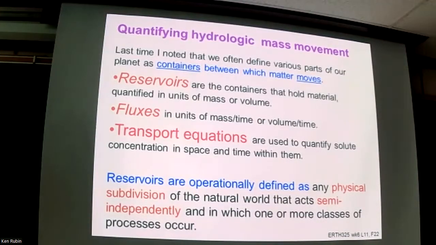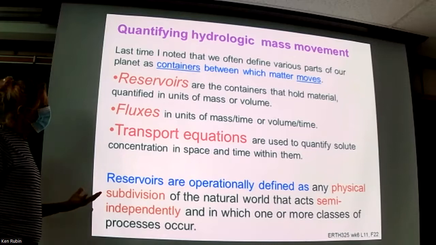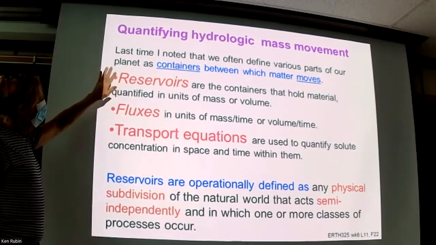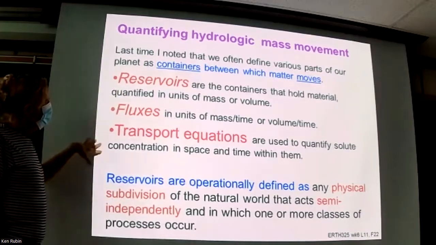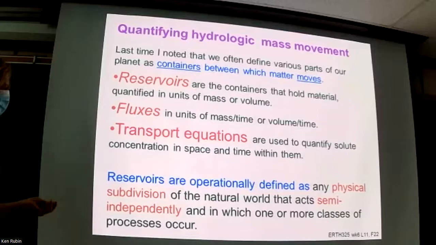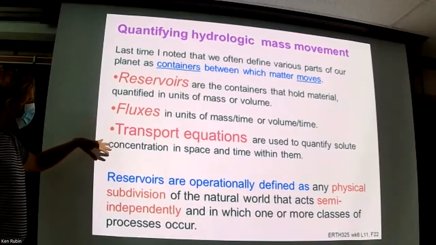So when we talk about motions and sizes and transfers of chemicals, we use the term reservoirs, which we've talked about before, and fluxes, and there's something called transport equations, which we'll get to a little later in the semester, which allow us to quantify these very precisely in space and time.